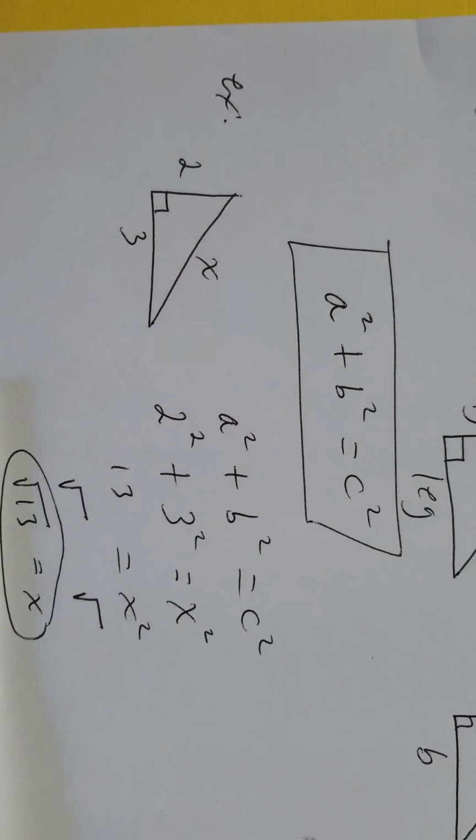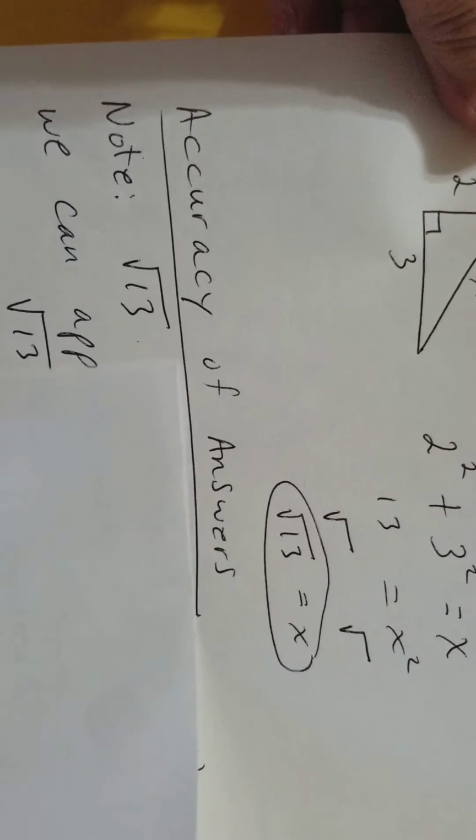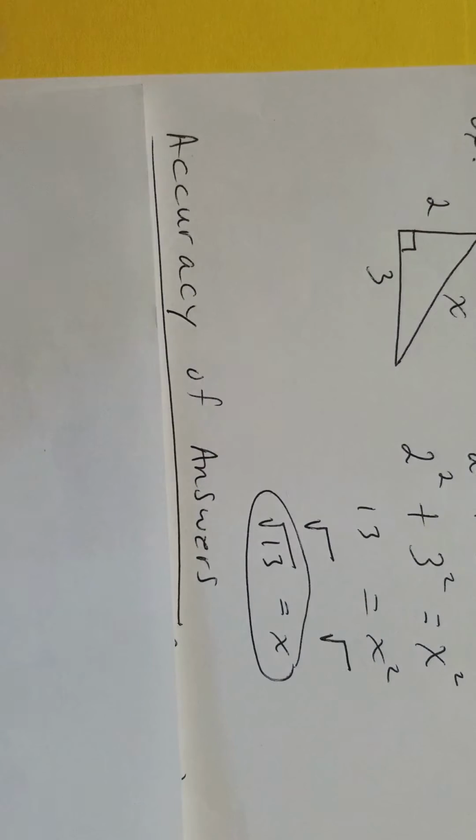And voila, x is equal to square root 13. That's basically the gist of Pythagoras Theorem. It works with any right triangle. As long as you're missing 1 part of the triangle and you have 2 parts, you can find that missing part.